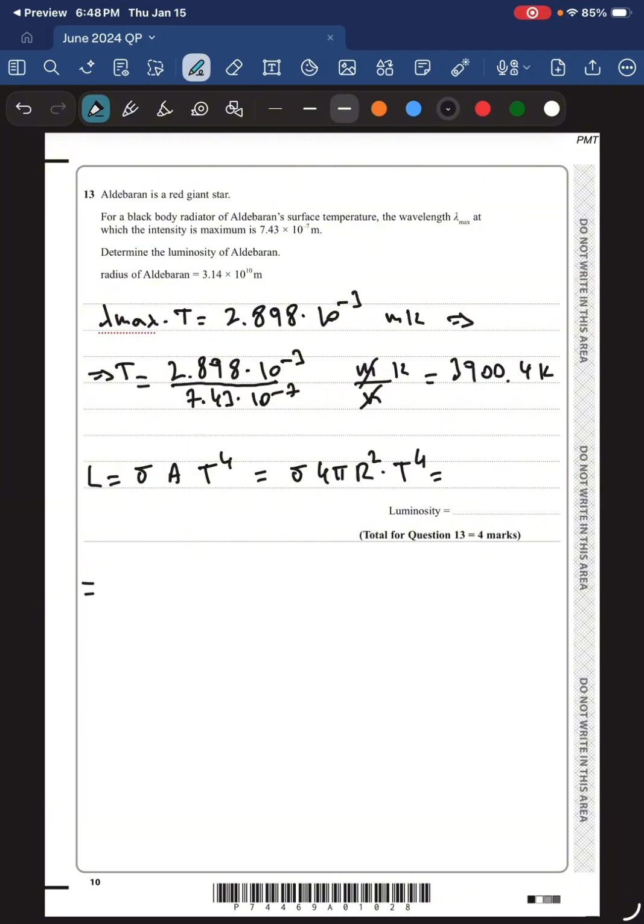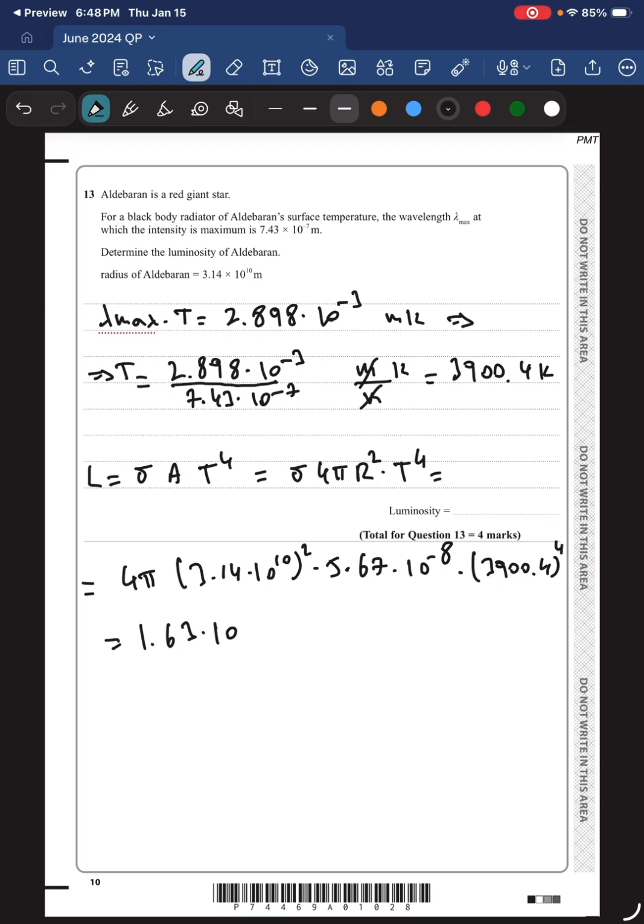And if you plug in numbers, you find 4 pi, then 3.14 times 10 to the 10 squared for the radius, times the constant, which is 5.67 times 10 to the negative 8, times the temperature to the fourth, and this will give you 1.63 times 10 to the 29 watts. Okay, and that's the answer. And this is a valid problem that can appear in Unit 5 for those of you who are taking the international A levels. Okay.